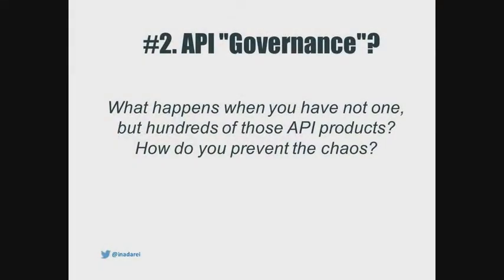The lesson number 2 is about API governance. So the thing is, we kind of knew how the governance works in the web services scene, right? If we look at this whole enterprise space and the WS stack and all of that stuff, there were a lot of guidance about how governance works in that space.